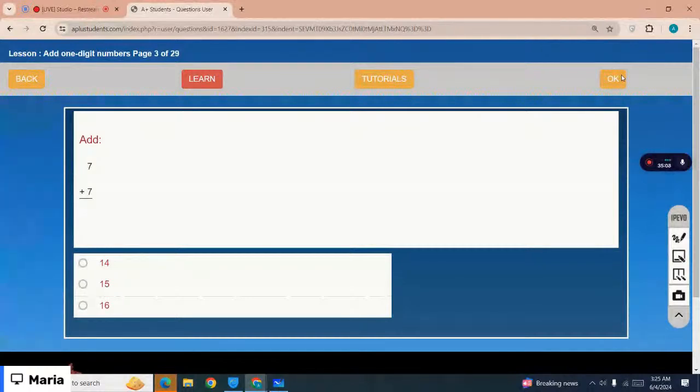The correct option is 7 plus 7 equals 14. Option number 1 is the correct option.